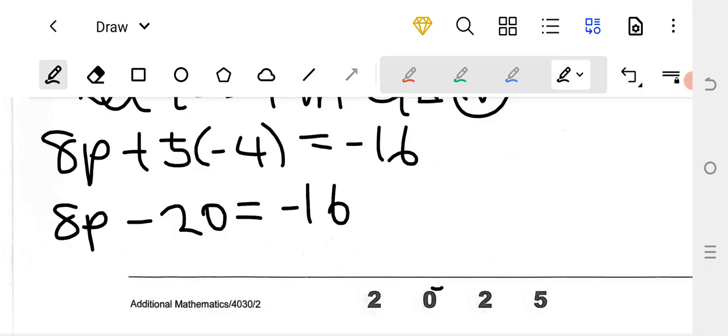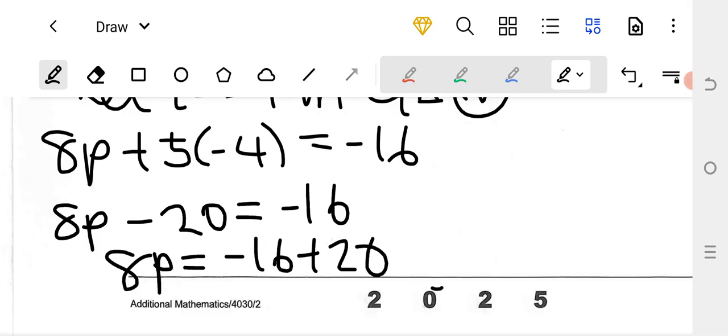And then to continue, it's going to become 8p is equal to negative 16 plus 20. 8p is equal to a positive 4.